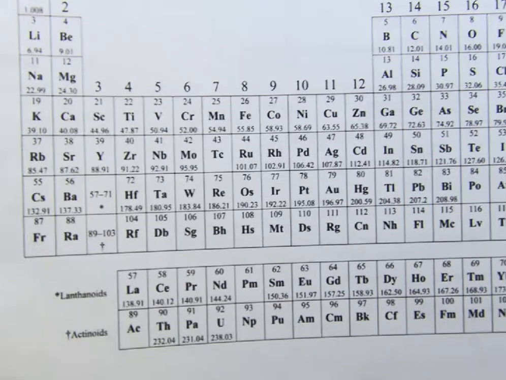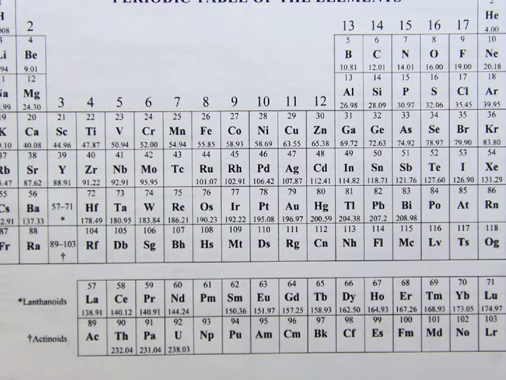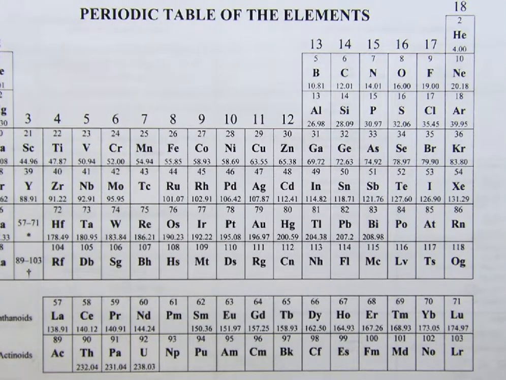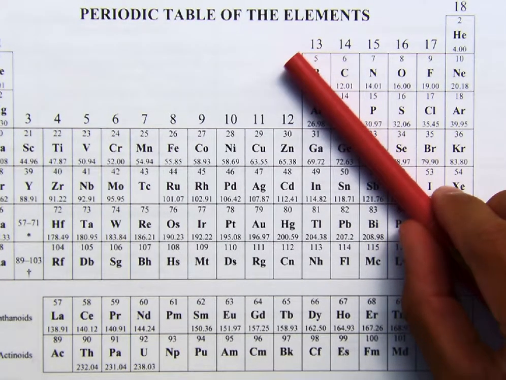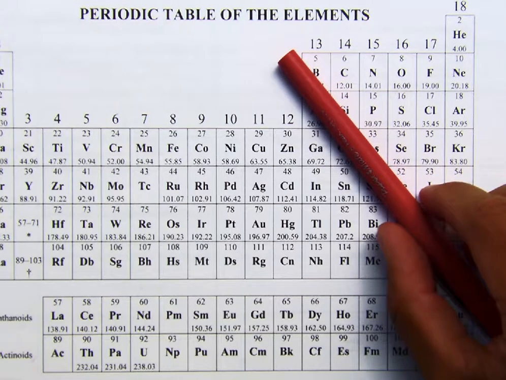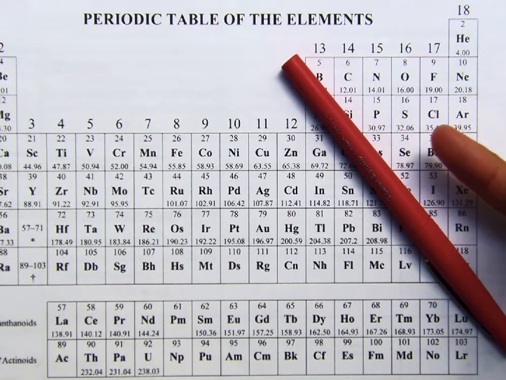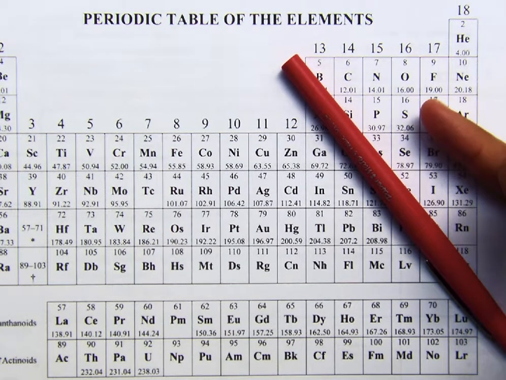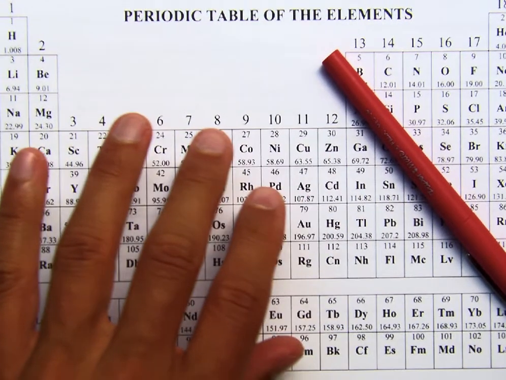This periodic table doesn't have the sort of dark stair-step line on it, but your version of the periodic table probably has a dark line that sort of zigzags down the periodic table about here. And these are nonmetals.